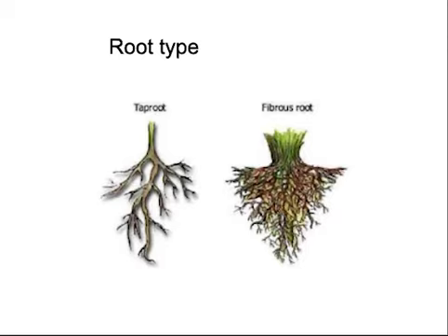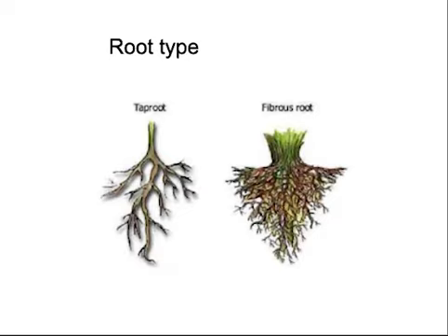Fibrous roots also cannot act as an organ for food storage like in some plants with the taproot system. Carrot, for example, is a taproot system. Because they are more fixed on the surface of the soil, fibrous roots are considered crucial for the prevention of soil erosion, as they hold the surface soil firmly.